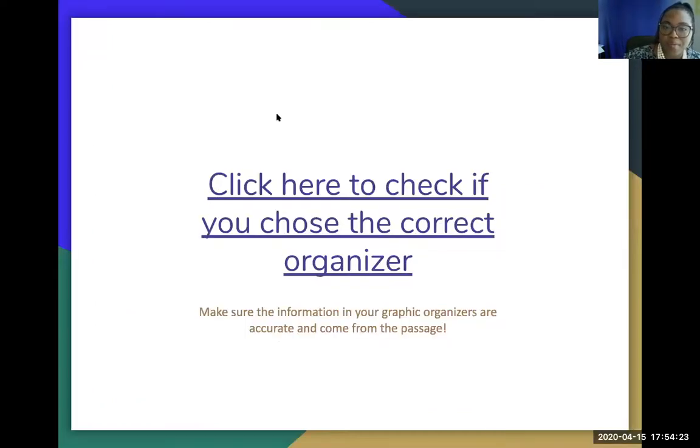Now, ladies and gentlemen, again, today you have a chance to check if you chose the correct organizer. Make sure that the information in your graphic organizers are accurate and come from the passage. You can't just make stuff up. It's not what you think or your experiences, it's what the author actually says, okay? So just like last time, I'm gonna click on this.